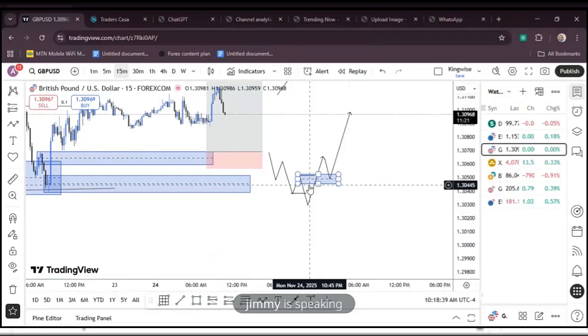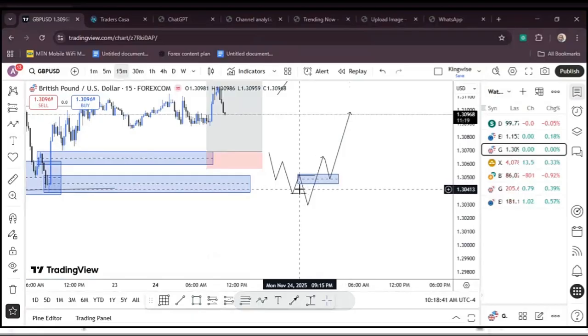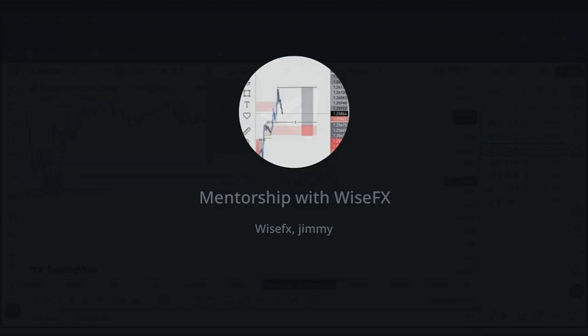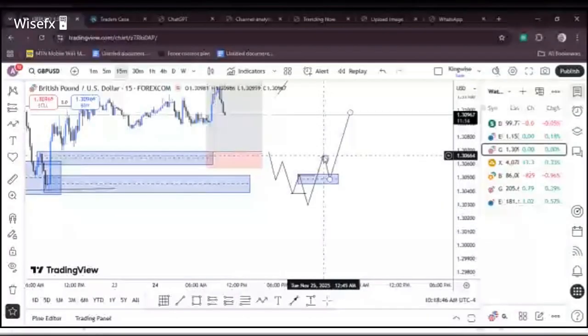So this supply zone failed. Price broke it all the way up. So it is a breaker block.